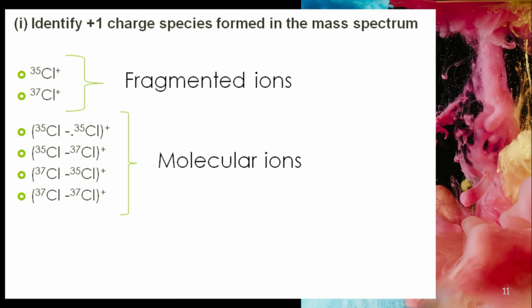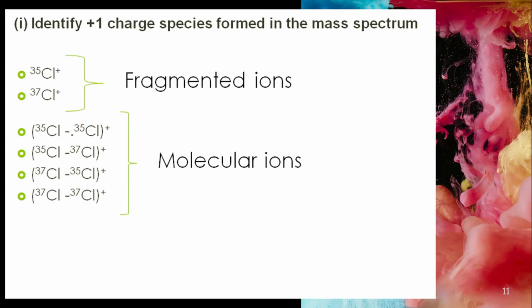When we write the molecular ions, we have to always make sure that we write them in the form of a bracket, and outside the bracket we have the positive charge. If not, there is a chance that you would lose marks for not writing the molecular ion properly. So here, since there are two species, we can form 4 molecular ions.